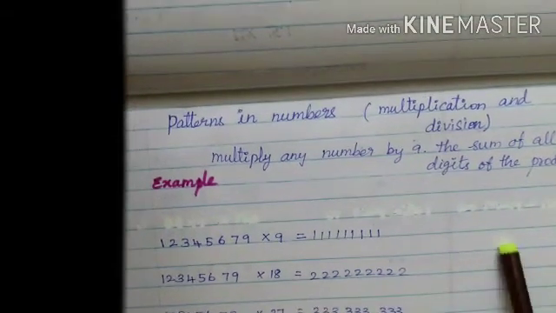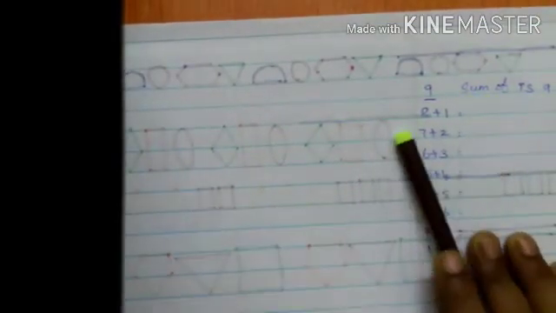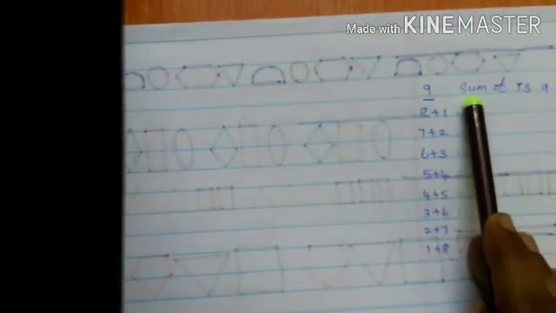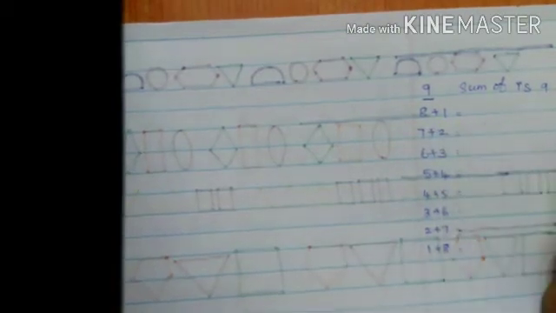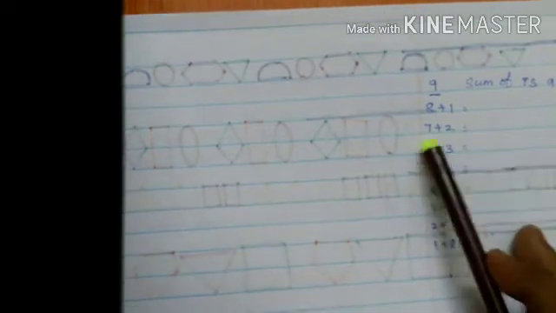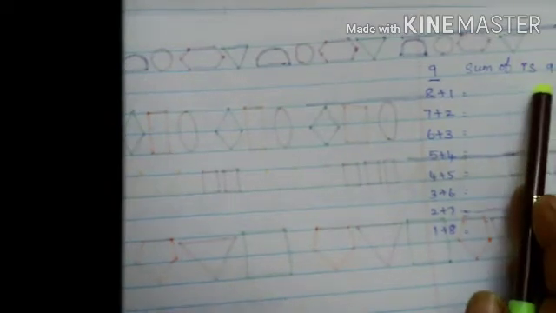So children, you know for number 9, which numbers do you add to get the sum 9? 8 plus 1, 9. 7 plus 2, 9. 6 plus 3, 9. 5 plus 4, 9. 4 plus 5, 9. 3 plus 6, 9. 2 plus 7, 9. 1 plus 8, 9.